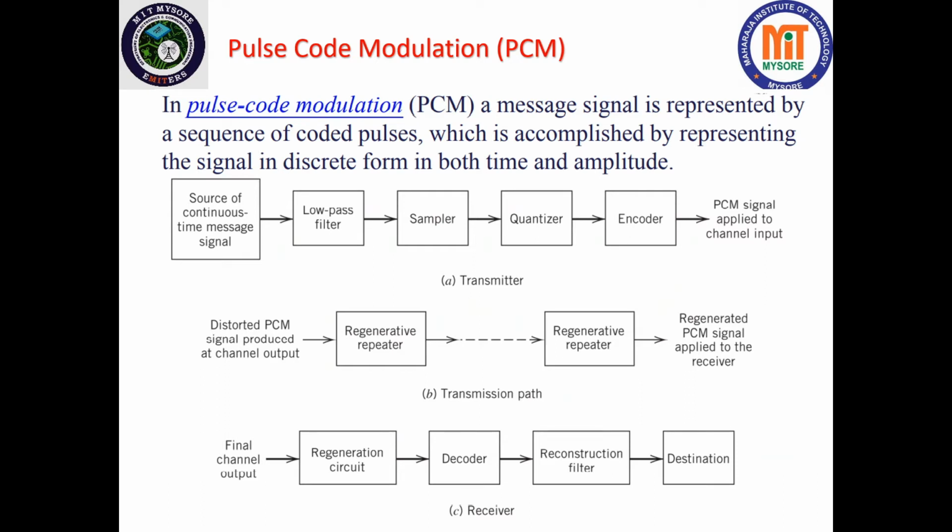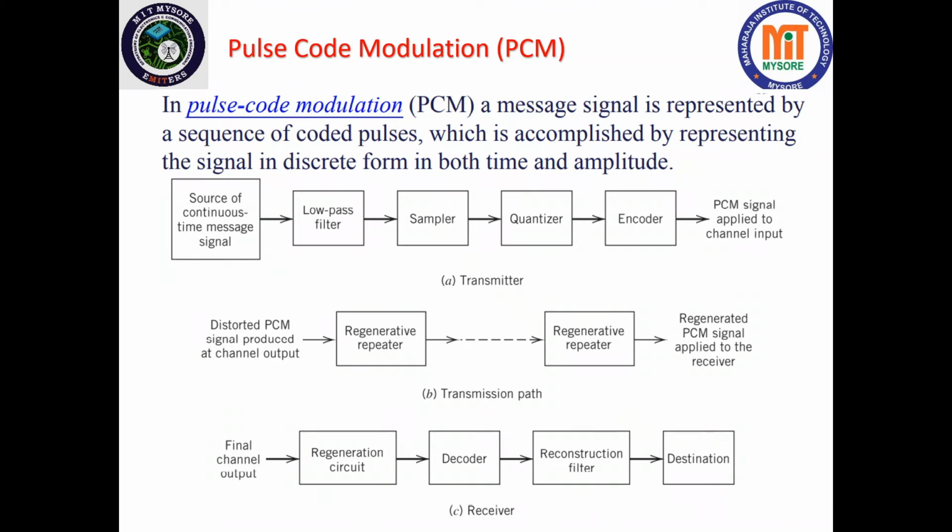Now the regenerated signal will be received at the receiver end, and a final regeneration before the signal is decoded will be done. Once the shape of the signal is restored by the regeneration circuit at the receiver end, the signal is applied to a decoder, which will decode the digital bit stream and give us the voltage levels.